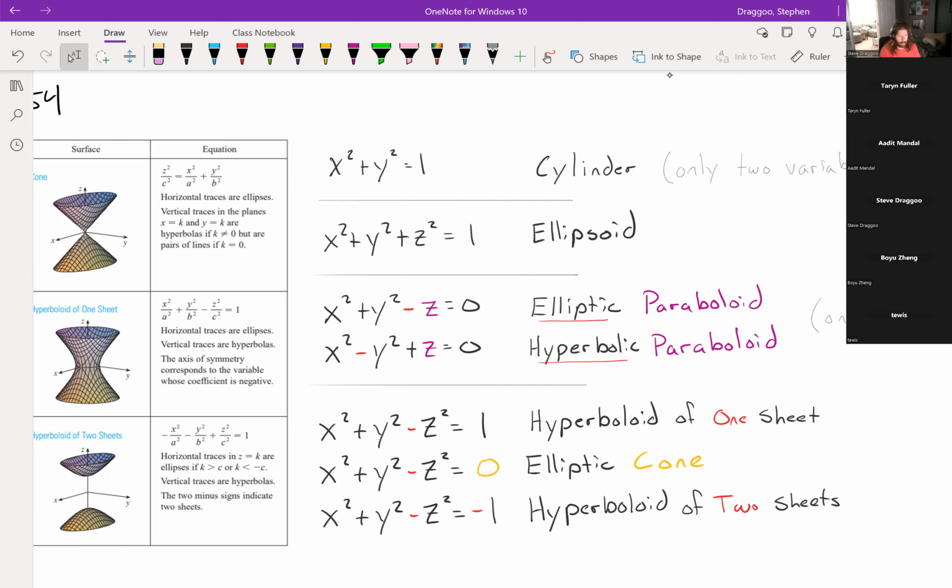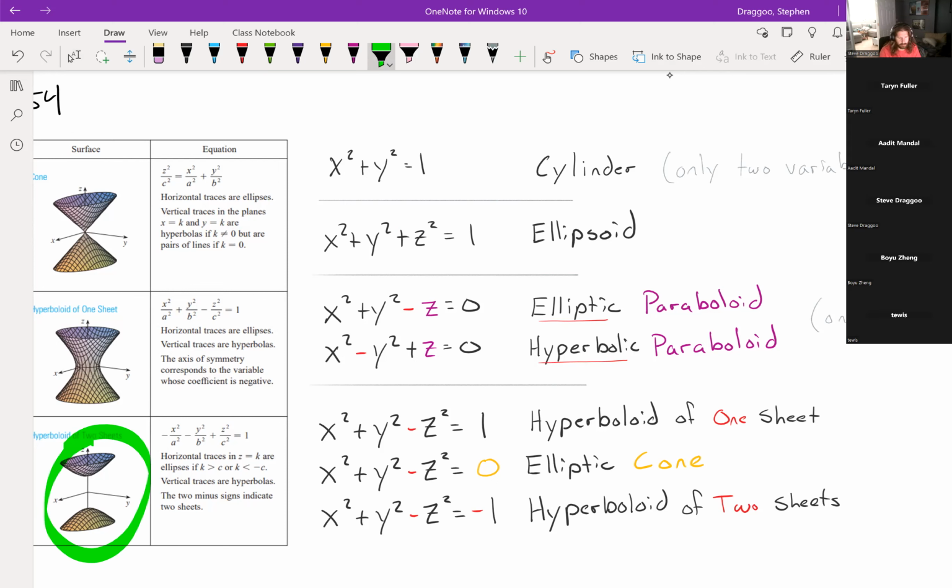And that's the way that I internalize thinking about 1 sheet versus 2 sheets for our hyperboloids. If I've got x squared plus y squared equal to a negative number, there's a section where the surface won't exist, so my 2 sheets are going to have to be separated. My hyperboloid is going to have to be this hyperboloid of 2 sheets that we're seeing over here to the left.